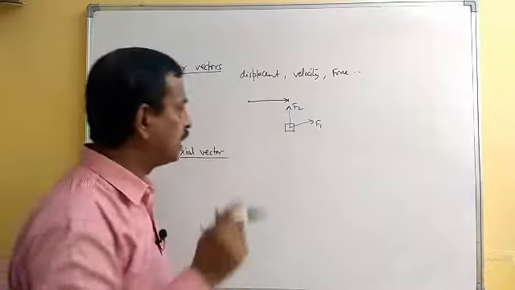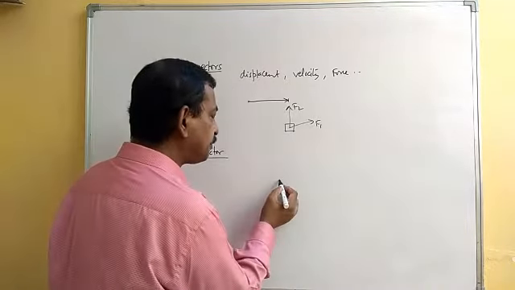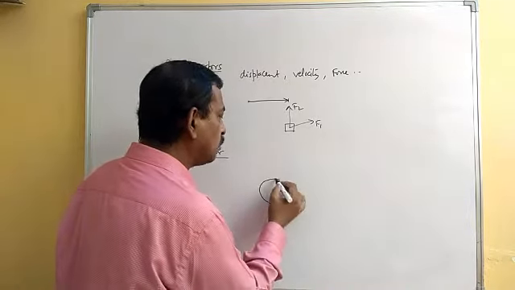Say for example, if you have a body or a particle moving along a circular path, it has its angular displacement in one direction. But if you consider the direction of the angular velocity, it will act along the axis of it. Similarly, angular acceleration will act in one particular direction.